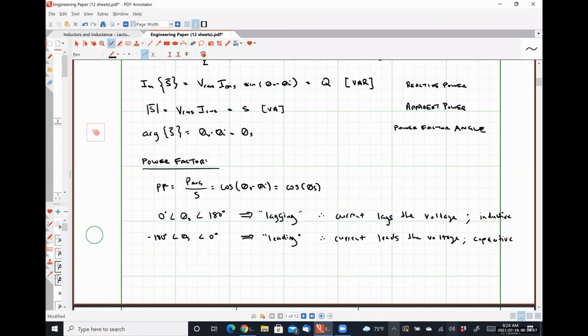Typically speaking, loads operating below a specific power factor threshold, so that might be something like 95% or 97.5%, incur fines from the utility company supplying it to offset the increase in transmission costs. So what that really means is a power utility company really supplies only apparent power.